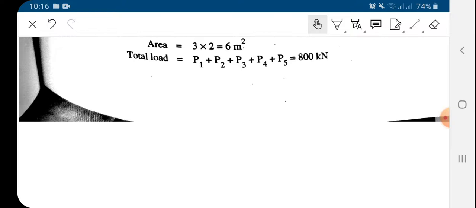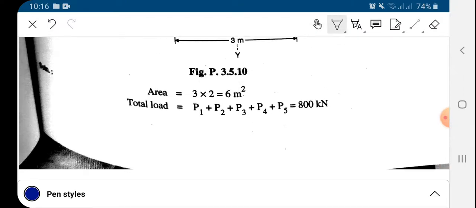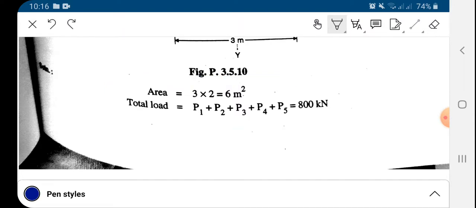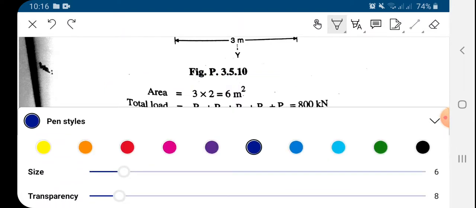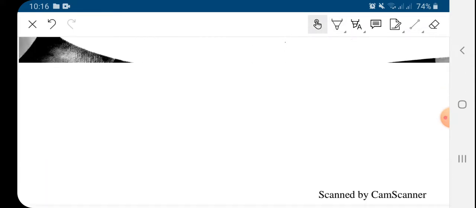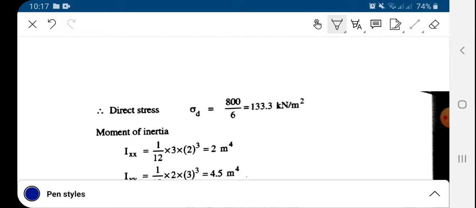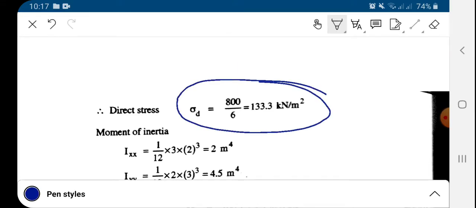By using the total load and the area, we can easily find the direct stress. Direct stress will be equal to load upon area. So load is 800 kilonewton, area is 6 meter square, and the direct stress is 133.3 kilonewton per meter square.